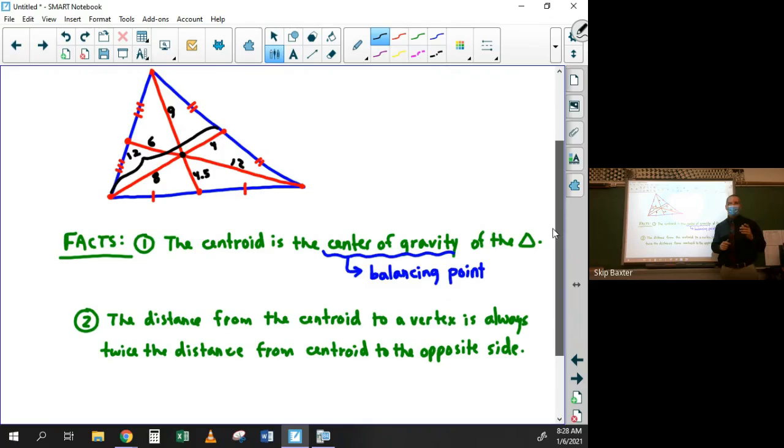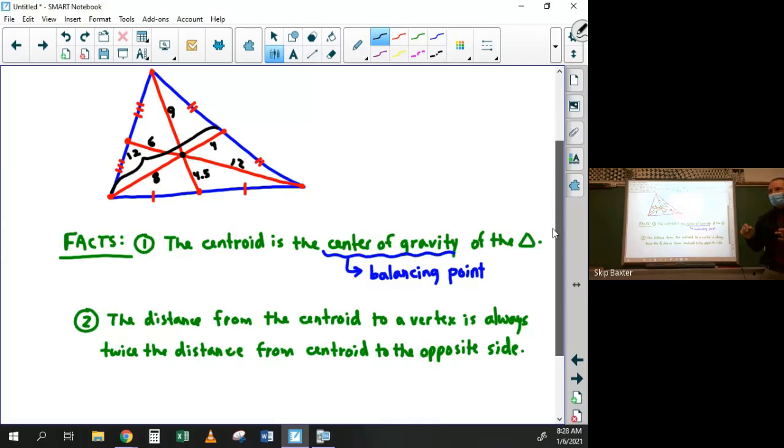Because that's all Delta Math had about it. But the bottom line is you have to know all these words too. You have to know that the intersection of the perpendicular bisectors is called the circumcenter, and that it's the center of the circle you could draw around the triangle. The incenter is the intersection of the angle bisectors, and it's the center of the circle you could draw inside the triangle.